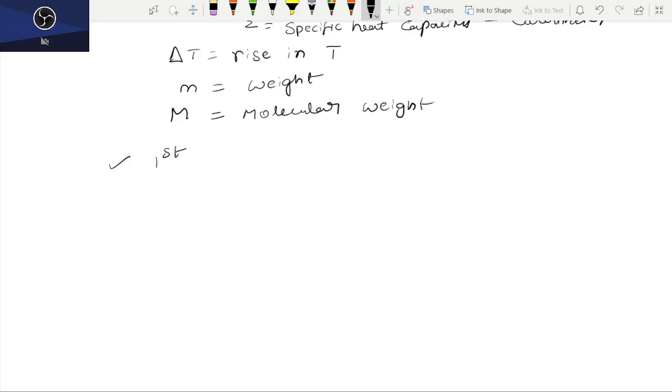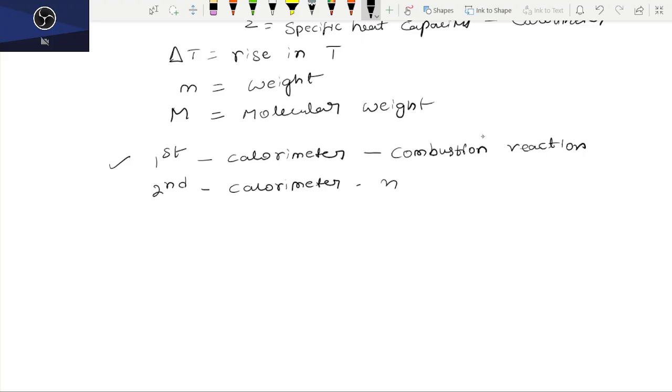The second type of calorimeters are used in non-combustion types of reactions like dissolution of solids in water and neutralization.